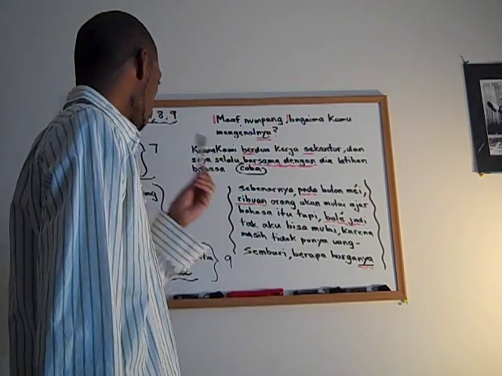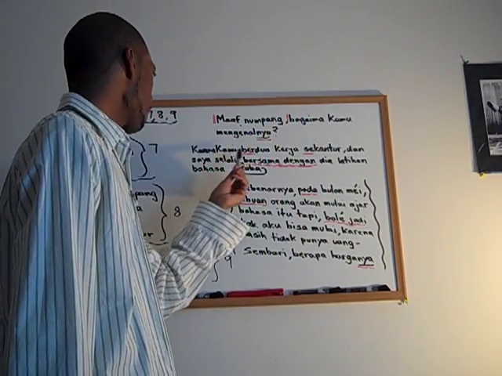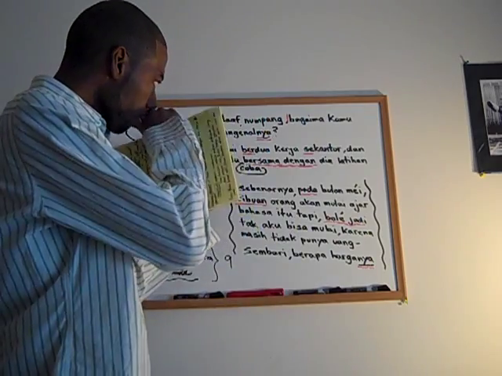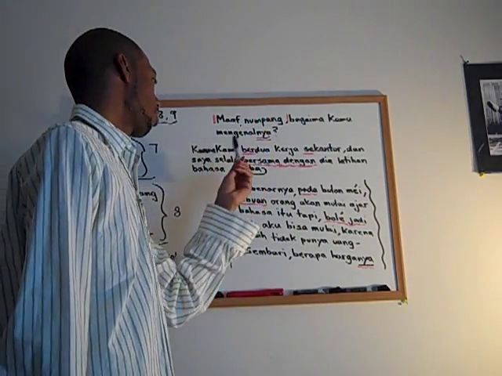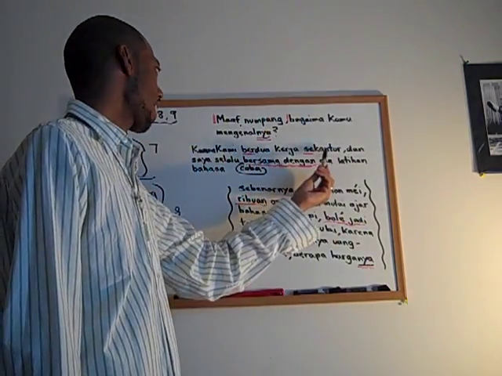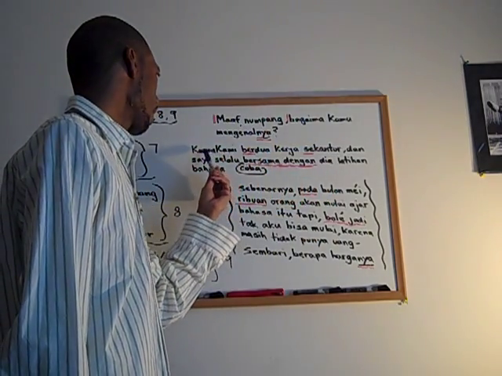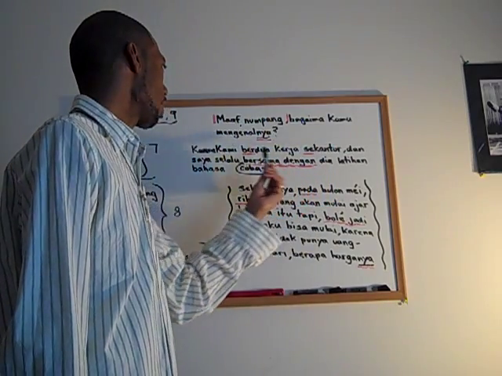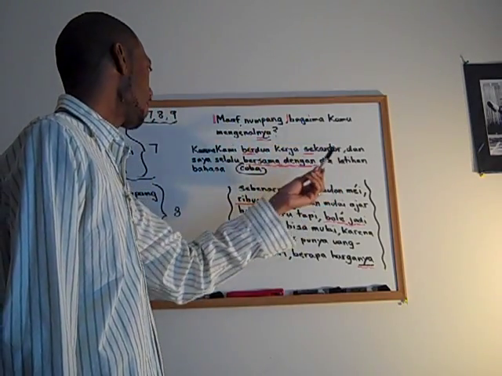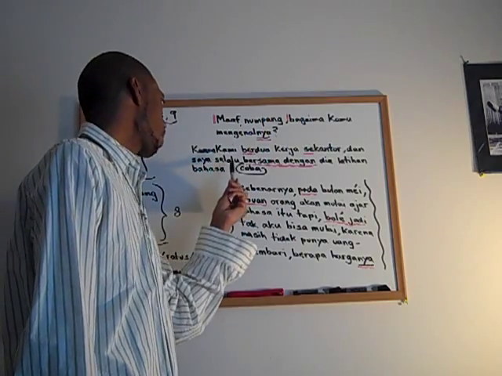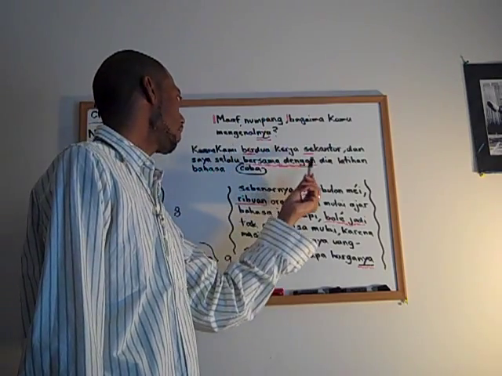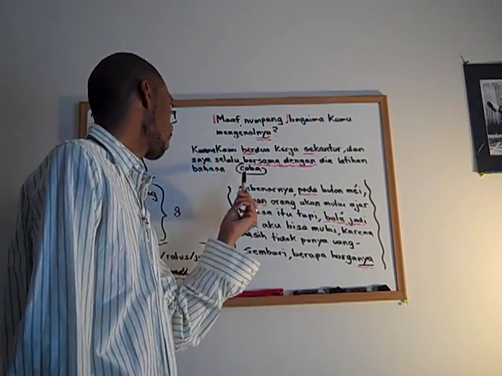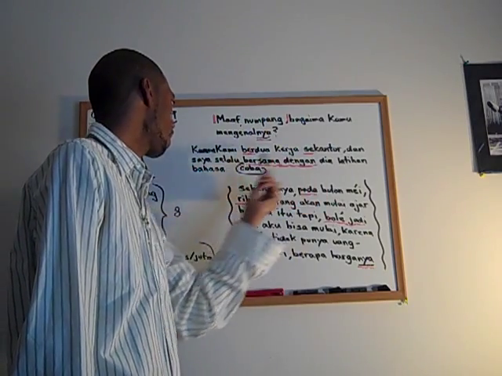So bersama dengan is together with someone. Okay, so karena kami berdua kerja sekantor, because we both work in the same office. Dan saya selalu bersama dengan dia latihan bahasa, or coba bersama dengan dia latihan bahasa.